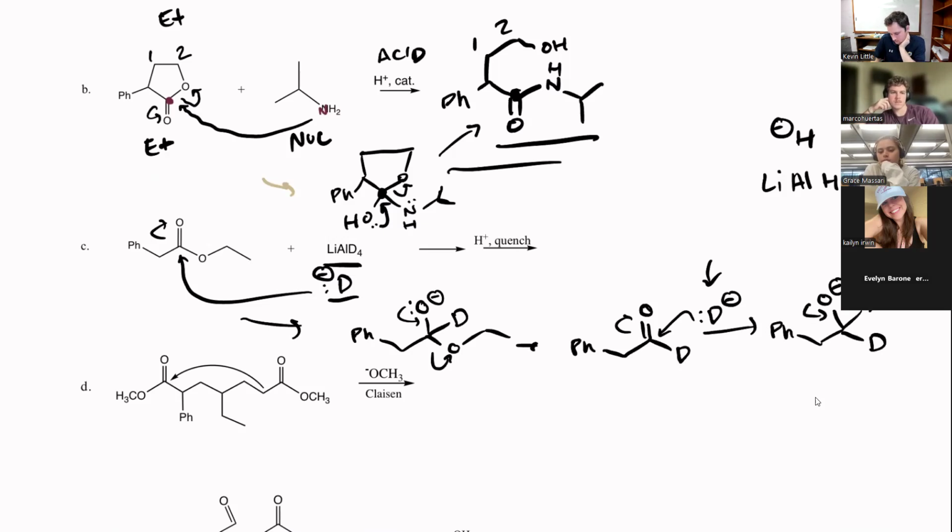Can it reform? How? What could I kick off? One of the D's? No, the D's are like hydrogens, so you can't kick them off. So I'm stuck here. It's got to be a heteroatom, oxygen or nitrogen or a chlorine or a bromine.